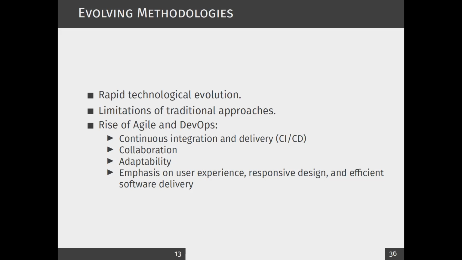They talk about continuous integration and continuous delivery. That means you will have frequent updates and frequent delivery. And usually you will have a pipeline, meaning that they are almost automated, and also working collaboratively, especially in team collaboration.